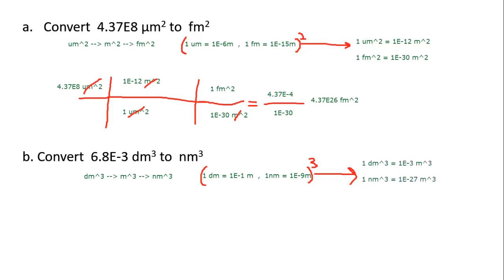So now that we have our cubed conversion factors, we can do our train tracks. So we're starting with decimeters cubed. Since we're starting with decimeters cubed, it goes on the bottom in our conversion from decimeters to meters.